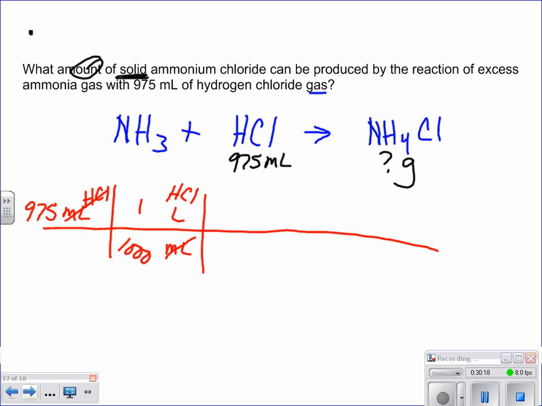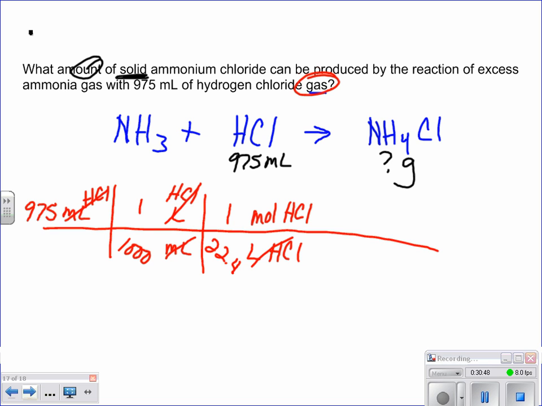Again, this is your hydrochloric acid, or your gas. So now that you've got it as liters of HCl, what do you want to go to? Moles of HCl. So get rid of those liters and go to moles of HCl. 1 mole of any gas is equal to 22.4 liters.